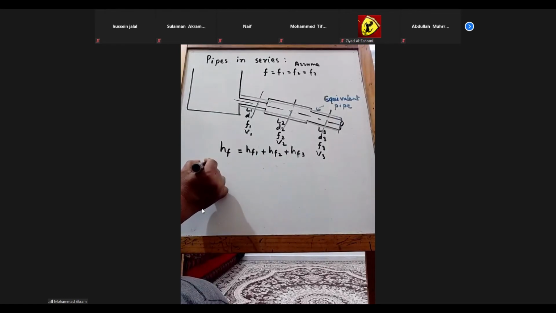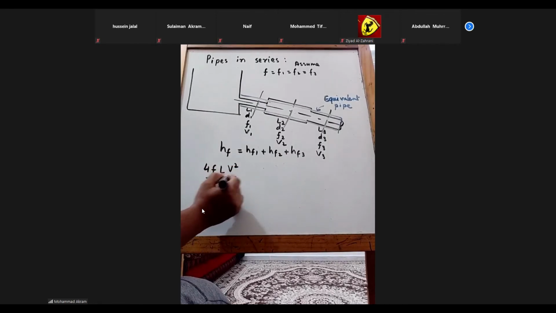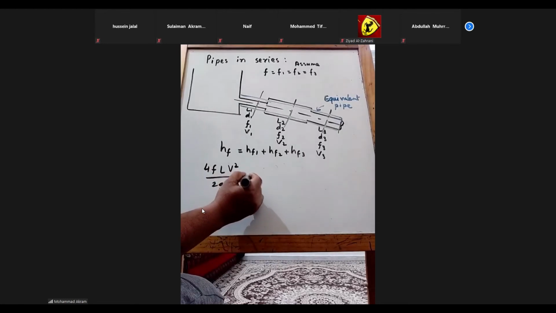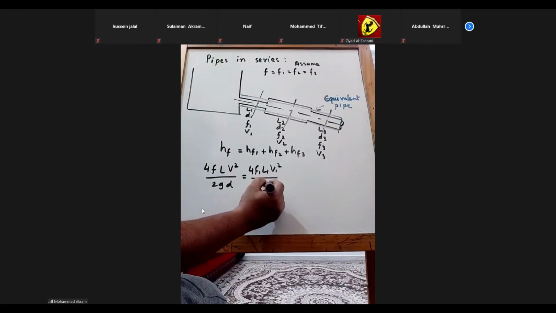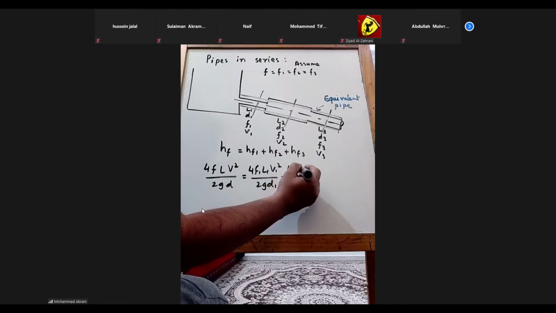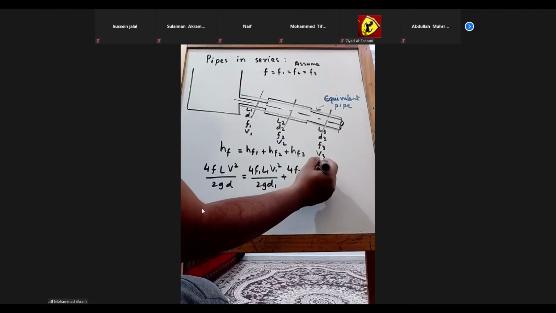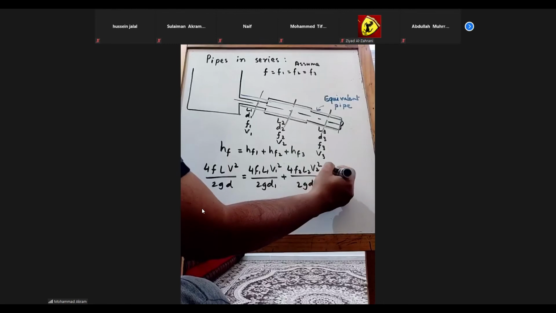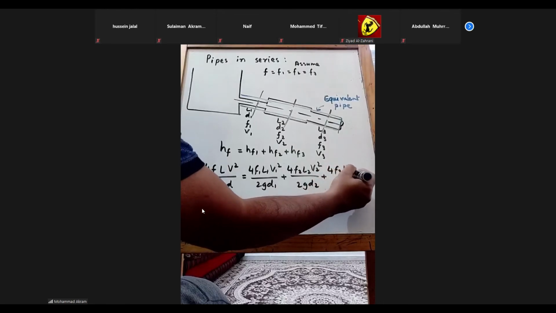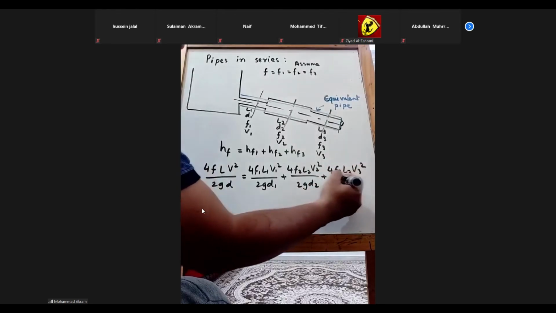So 4FL V square divided by 2GD equals 4F1 L1 V1 square by 2G D1, right? Plus 4F2 L2 V2 square by 2G D2, plus 4F3 L3 V3 square divided by 2G D3.